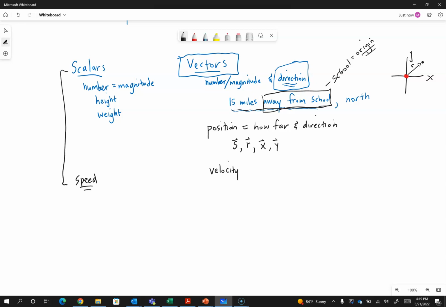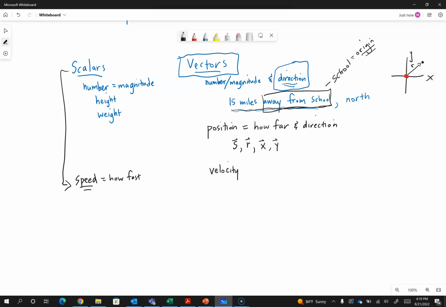Speed is a scalar. It's just a number. It represents simply how fast the object is traveling at whatever moment we look at it. If I'm driving down the freeway and I'm driving at 80 miles per hour and I happen to see the cop sitting on the side of the road, I am very worried about my speed at that moment. And I look at my speedometer to figure that out.